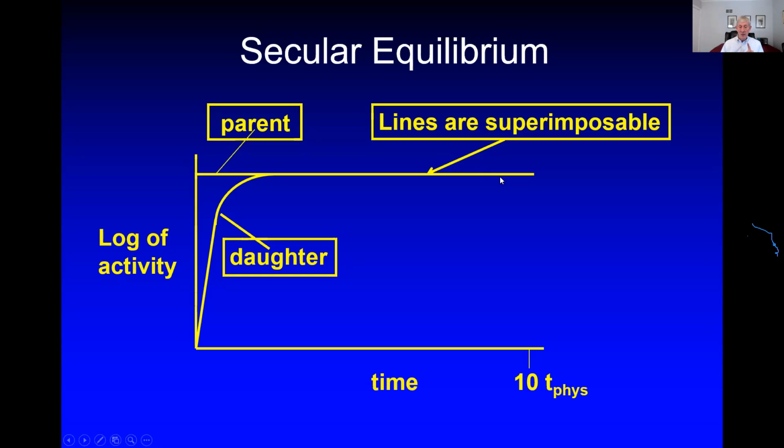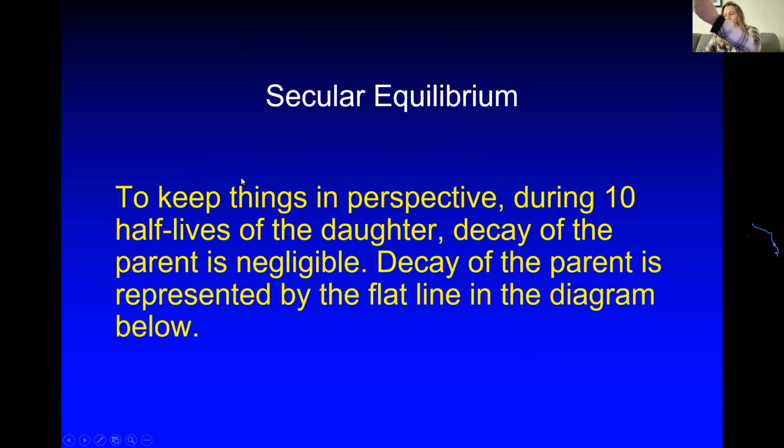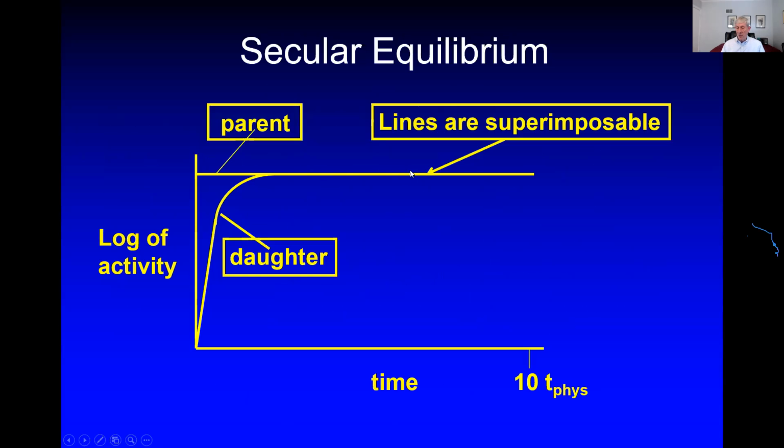So here, let me ask you this. If this is the radium and radon decay, do the parent and daughter have the same half-life, or do they appear to have the same half-life? They appear to have the same half-life. Correct.